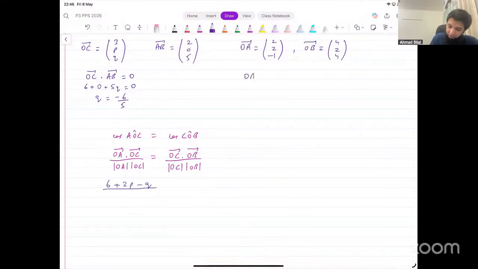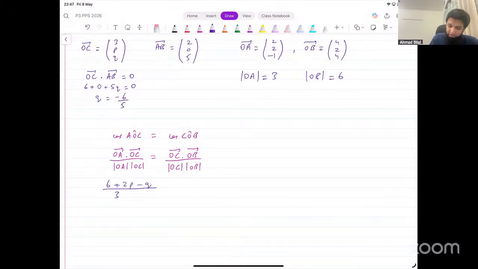Let's figure that out. That will be the square root of 2 squared plus 2 squared plus 1, which is the square root of 9, and that's 3. Magnitude of OB will be the square root of 36, that's going to turn out to be 6. Let's input that here. Magnitude of OA is 3.